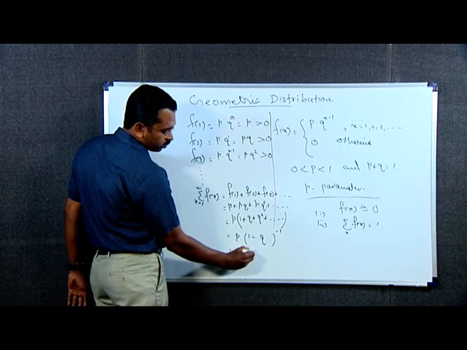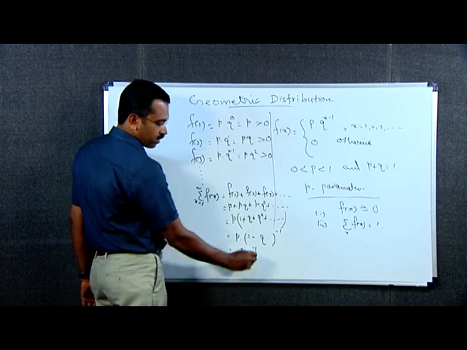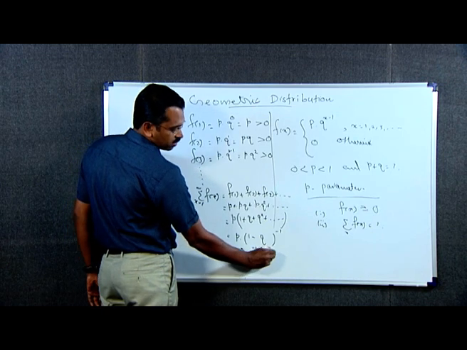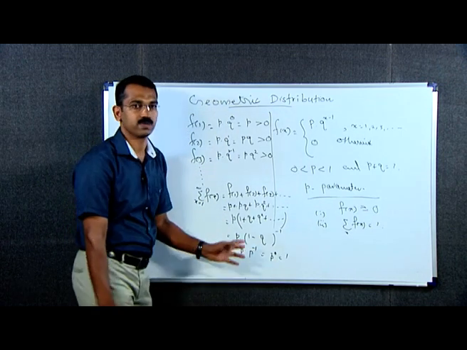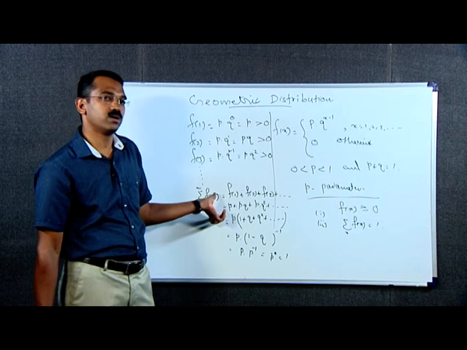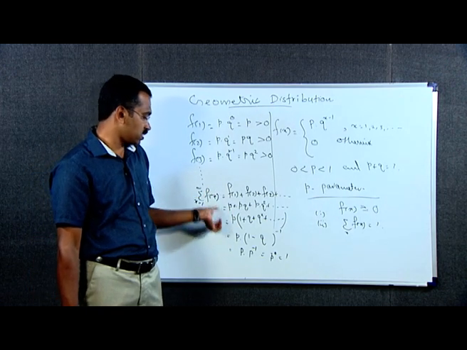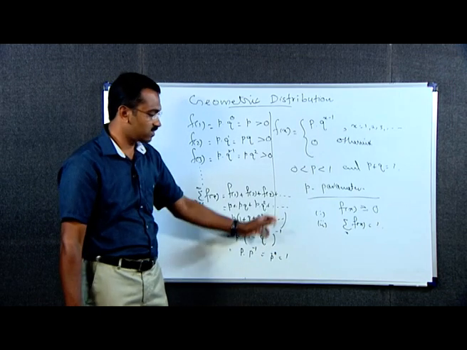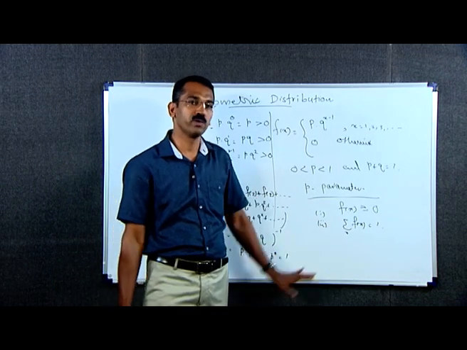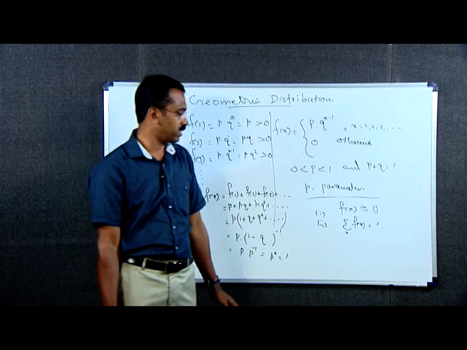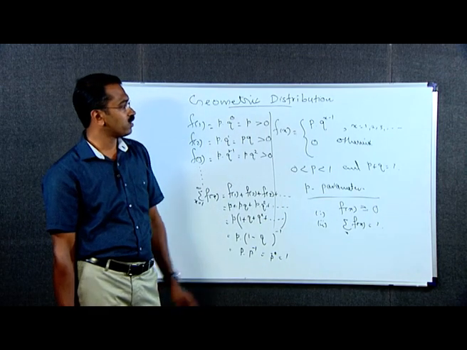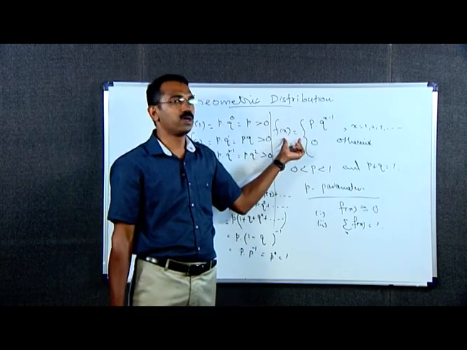Therefore, p into p raised to minus 1, that is equal to p raised to 0, which is 1. That is, the total probability is equal to 1. The second condition for a PMF is also satisfied by this function. Therefore, this is a PMF.